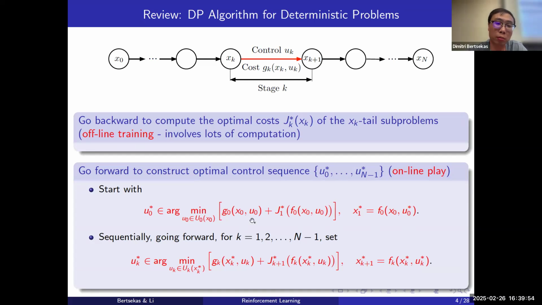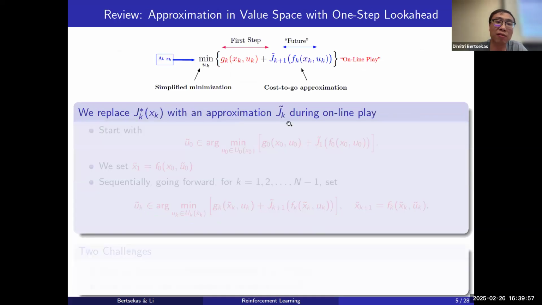So this suggests if we cannot compute J star exactly, it is still possible to take advantage of this going forward online play procedure. And this is approximation in value space with one step look ahead, whereby we replace J star with an approximation J tilde during online play. So it's the same formula, except that the J1 star is replaced by J1 tilde.